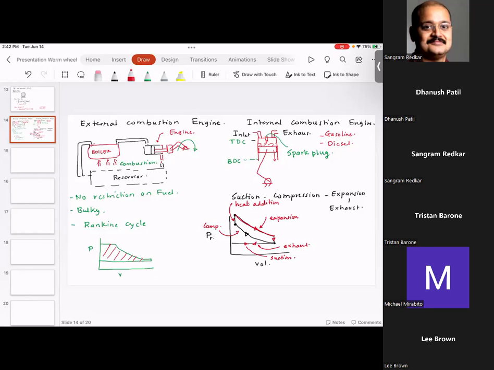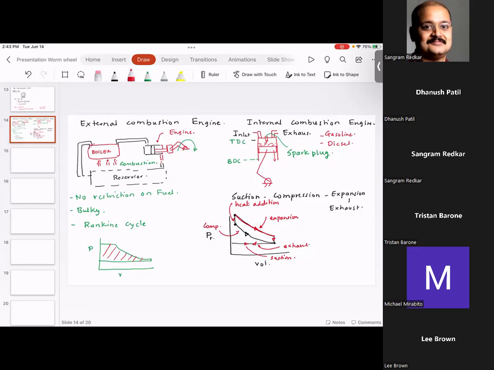In the case of the diesel engine, the strategy is slightly different. In the diesel engine, the air-fuel mixture like in the gasoline engine is not present. Just the air is compressed. And then at the end of the compression stroke, the fuel is atomized.